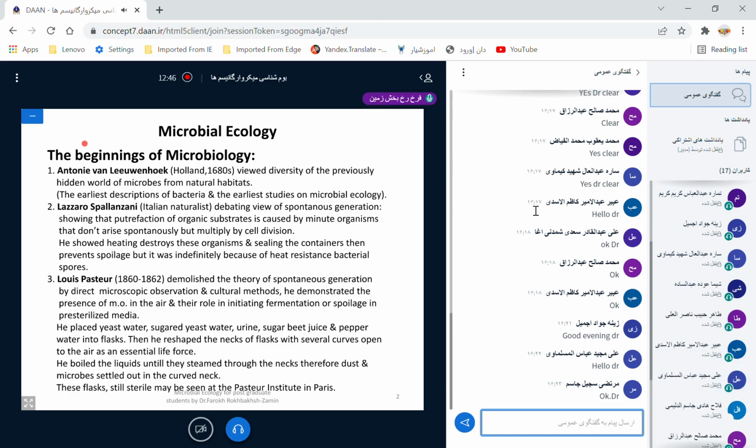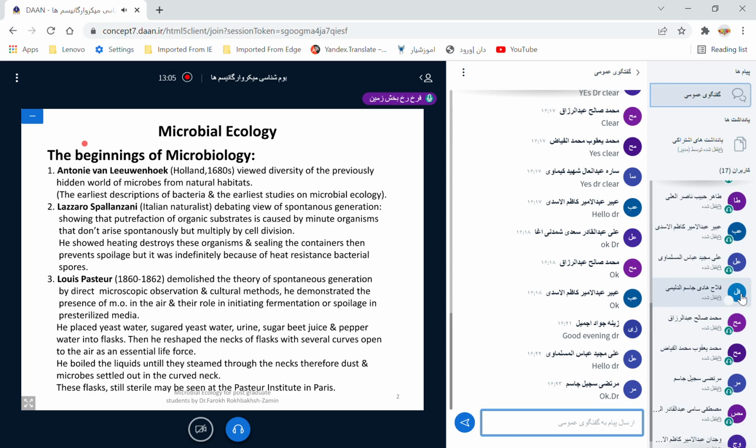But we knew the ecology of plants and animals because we can see them very easily with unaided eyes.